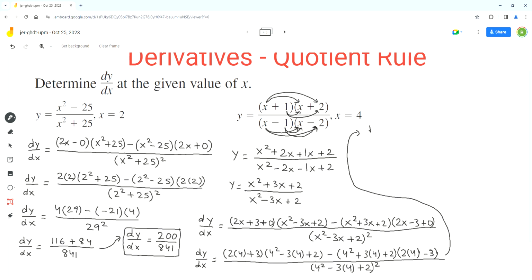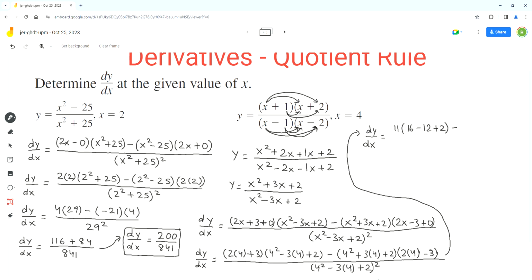So we get dy over dx equals, so we'll start with the first parentheses. So 2 times 4 is 8 and 8 plus 3 is 11, and times, now 4 square is 16, so we get 16 minus 3 times 4, which is 12, plus 2.